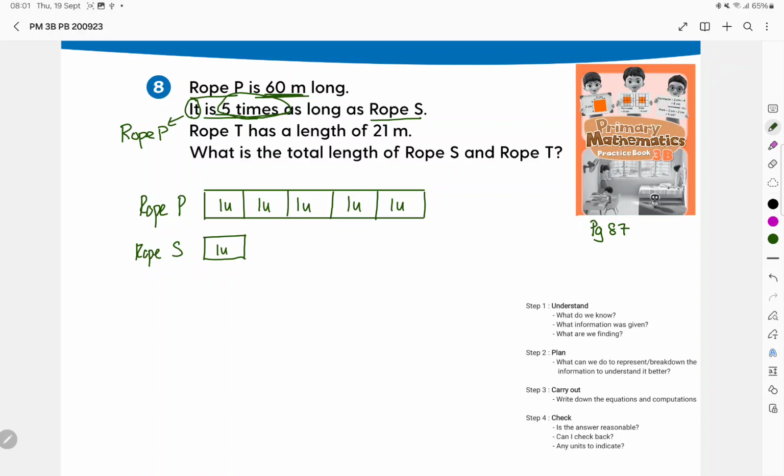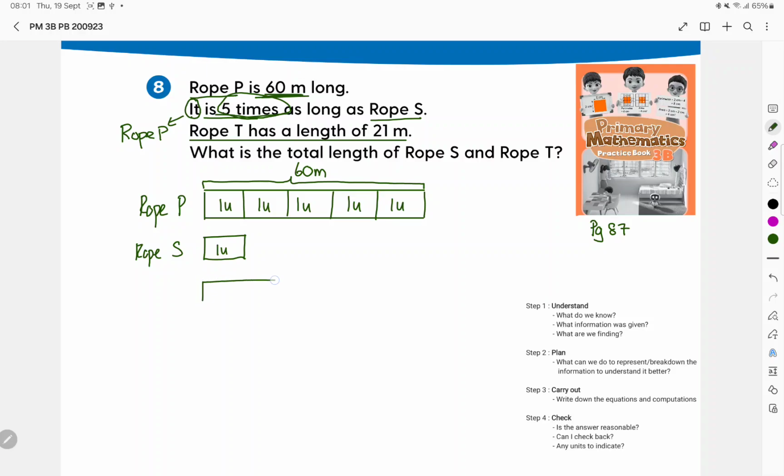Alright. And what else do we know about rope P? We do know that from the first sentence, rope P has a length of 60 meters. Then lastly, in the third sentence, we do know that there's another rope T with a length of 21.